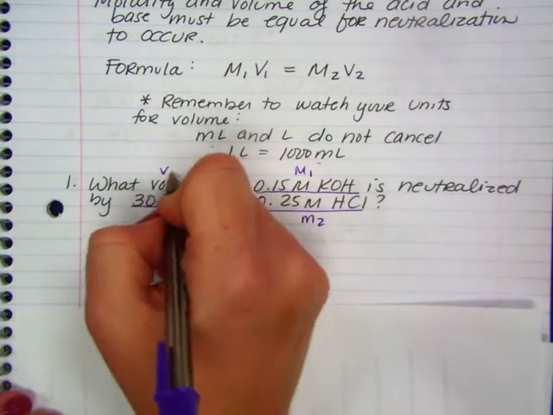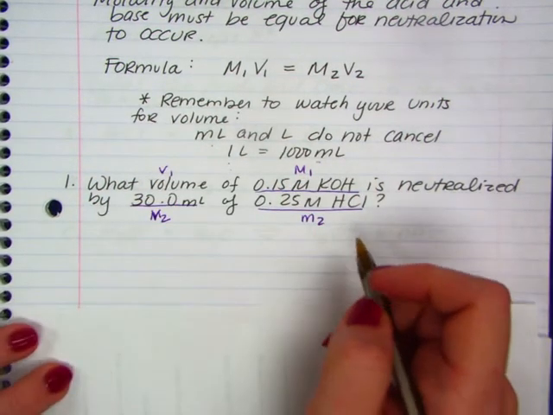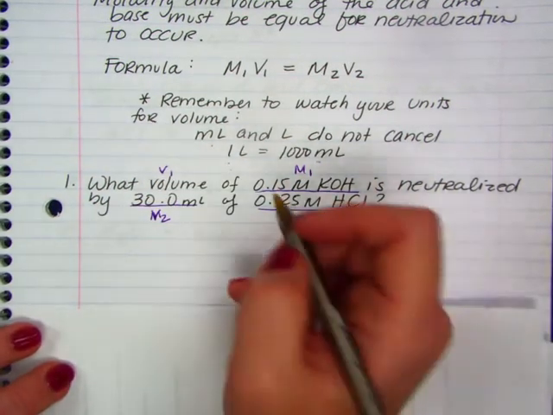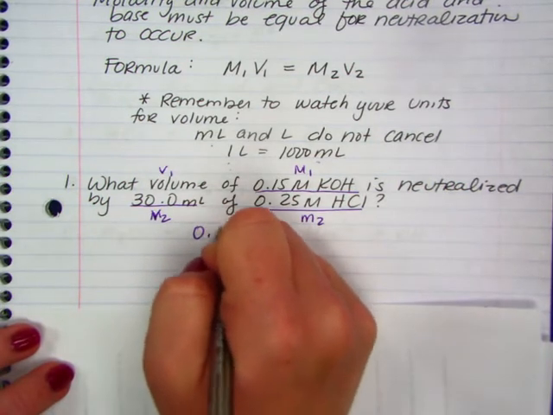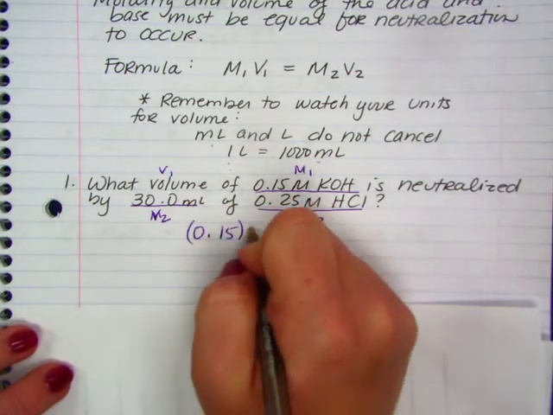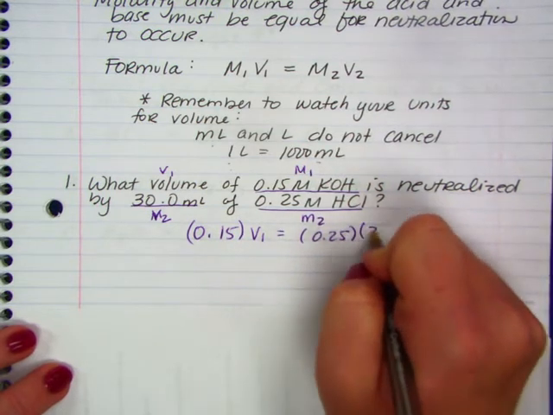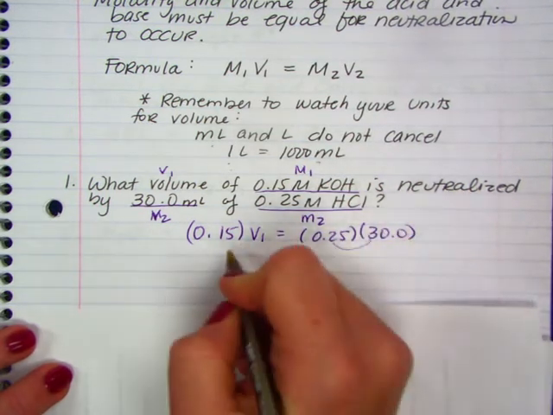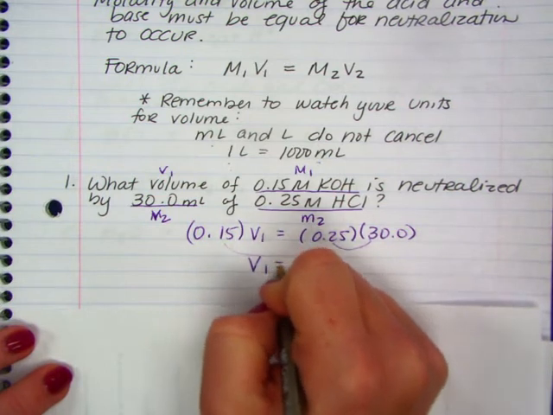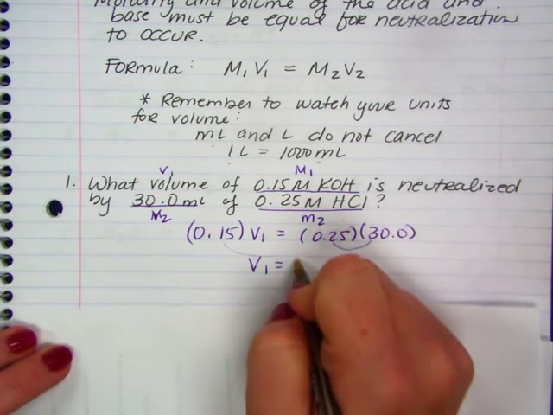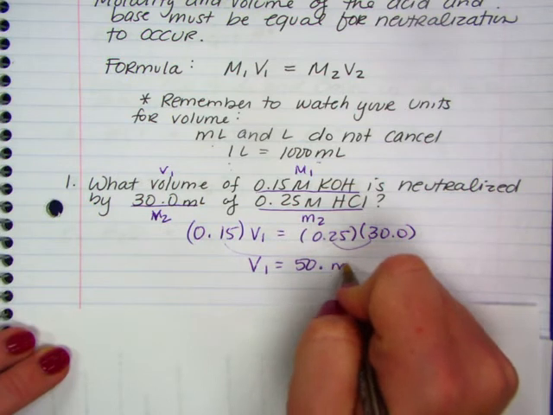So I'm solving for V1. And just like I did before, set up, multiply, and divide. So 0.15 times V1 equals 0.25 times 30.0. Multiply, divide, and that is giving me a V1 to 2 sig figs of 50 milliliters.